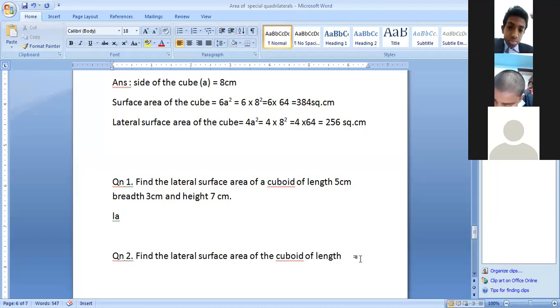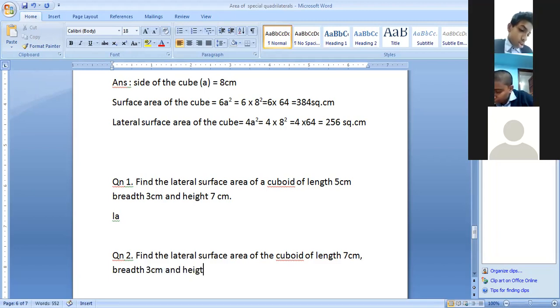Find the lateral surface area of the cuboid of length 7 centimeter, breadth 3 centimeter, and height 5 centimeter. Here, the length and height are interchanged in the second question.